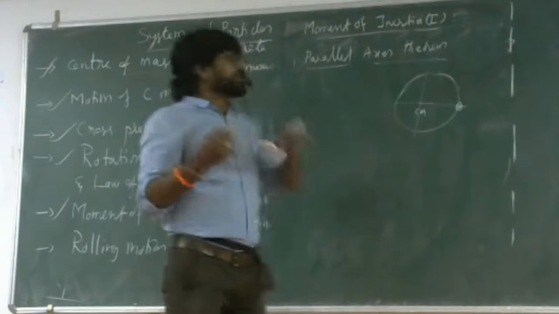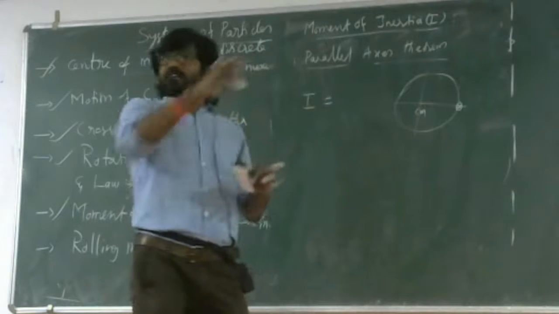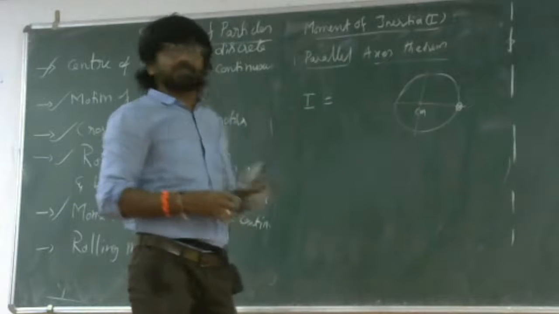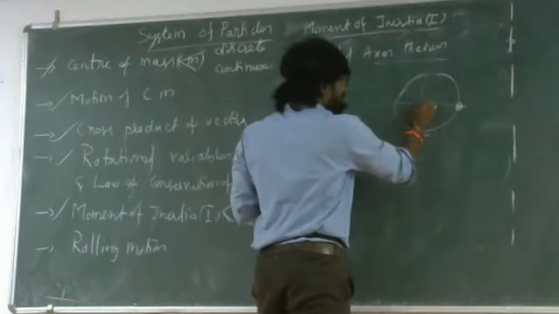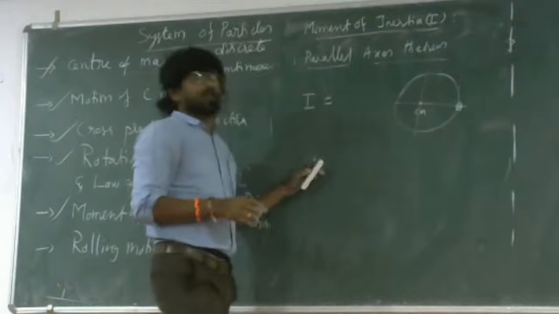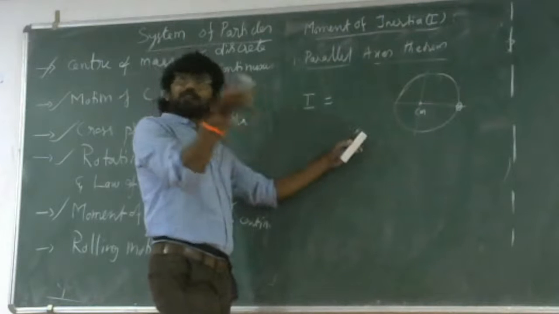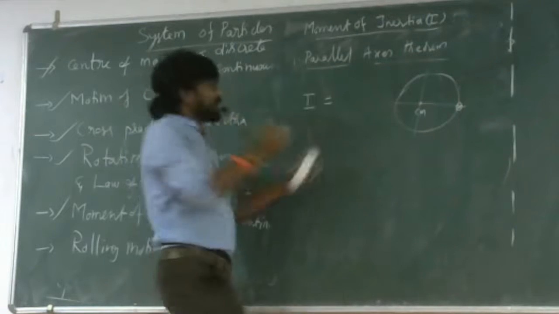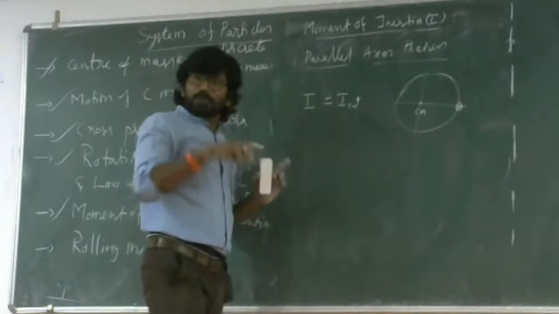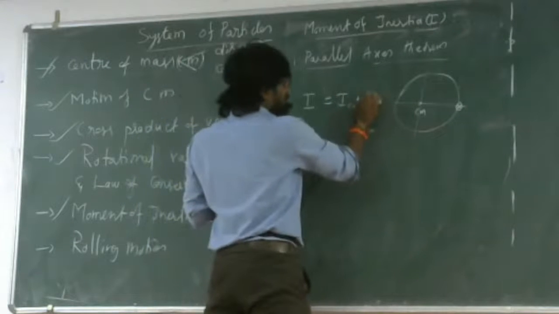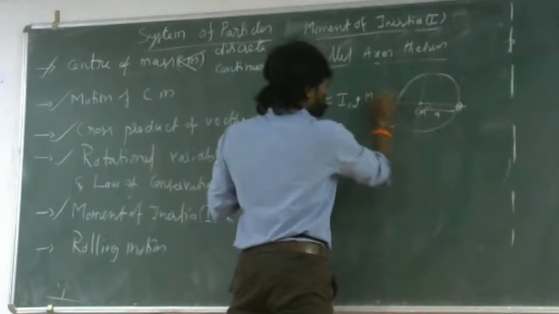It is equal to the moment of inertia of this about an axis passing through the center of mass, and parallel to this axis. Are you following this? So that is ICM plus the product of the mass of the disc and the distance between the parallel axes. If this is A, then it will be A square.